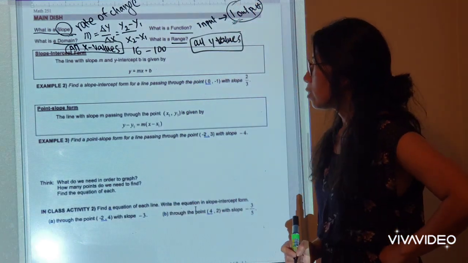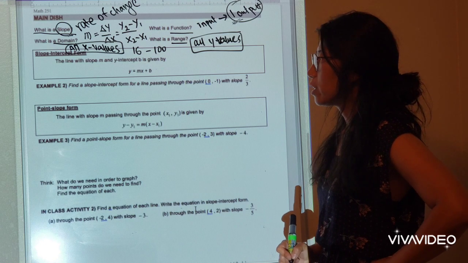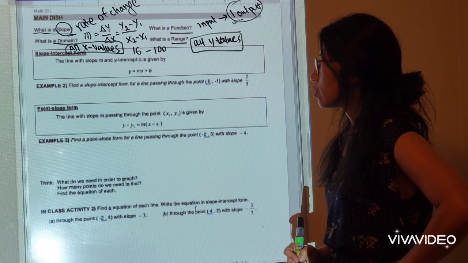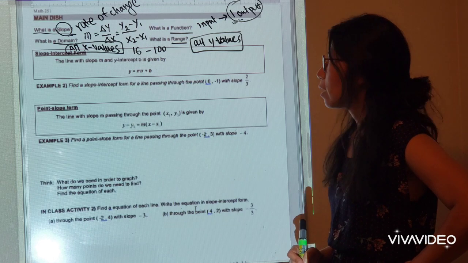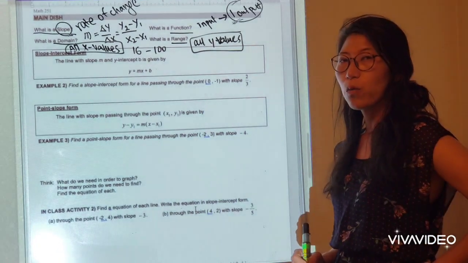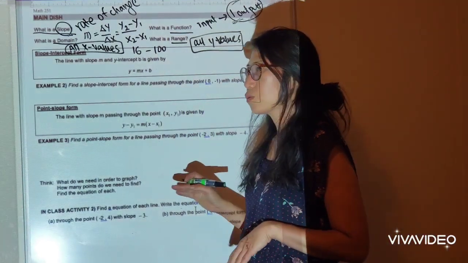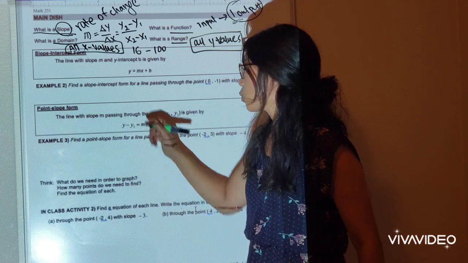So here, we are going to quickly review 2 major equations: the slope-intercept form of a linear equation, and the point-slope form. If you forgot when we use each one, just look at this explanation and you will understand totally.